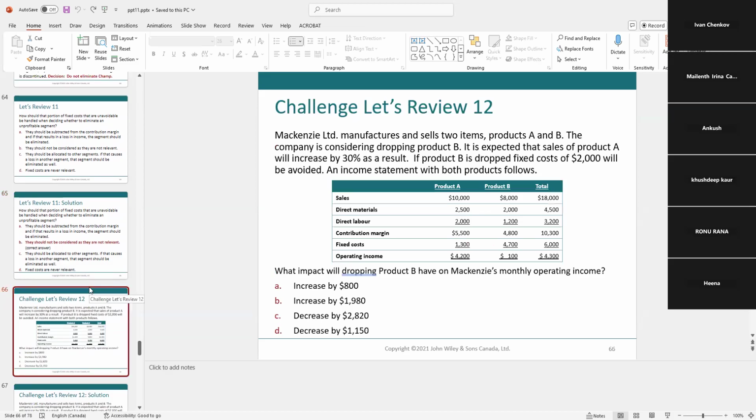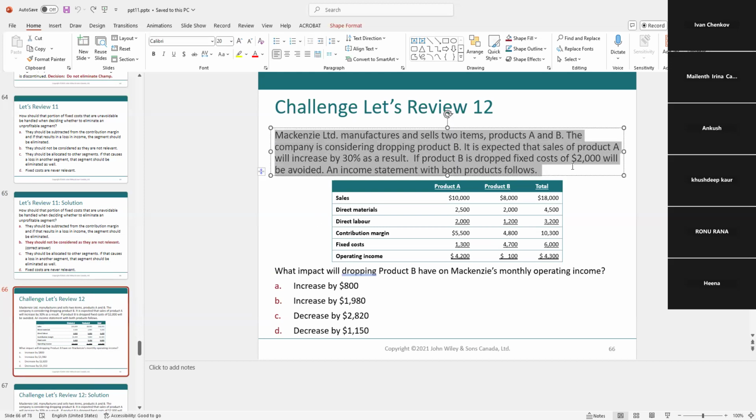Let's do one question here. I'm going to copy the question and move it to an Excel spreadsheet so we can do it together.